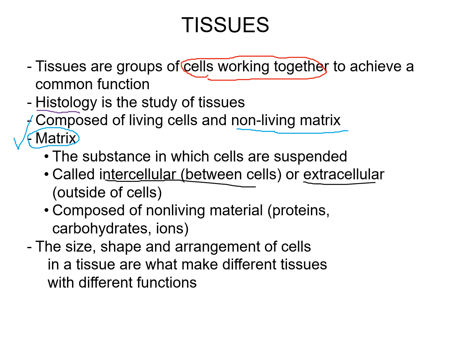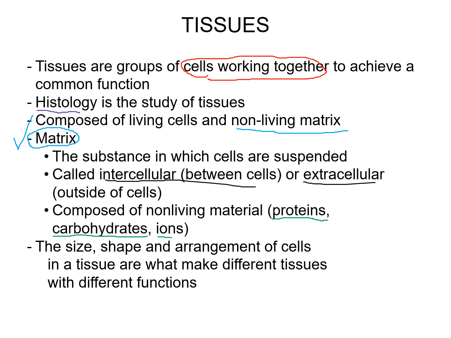As I mentioned, non-living stuff, so your proteins. We're going to talk about different fibers, protein fibers. Your carbs, right? Carbs aren't alive. They're just chemicals. They're just a bunch of atoms put together. They give us energy, but they give the energy to the living cells. And then your salts, right? All your electrolytes, your sodium, calcium, potassium that we've talked a little bit about so far.